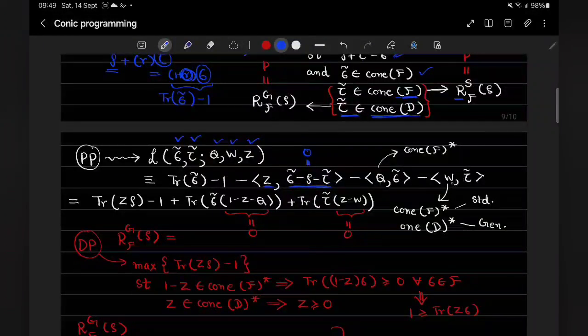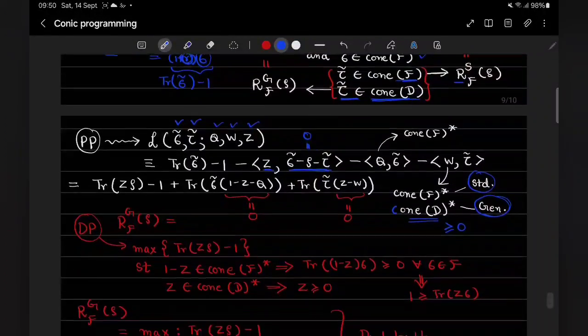And similarly we have w. Now w can either belong to cone F star or cone D star. In generalized robustness, it will belong to cone D star, which is nothing but the set of positive semi-definite matrices. And in standard robustness, it will belong to cone F star.